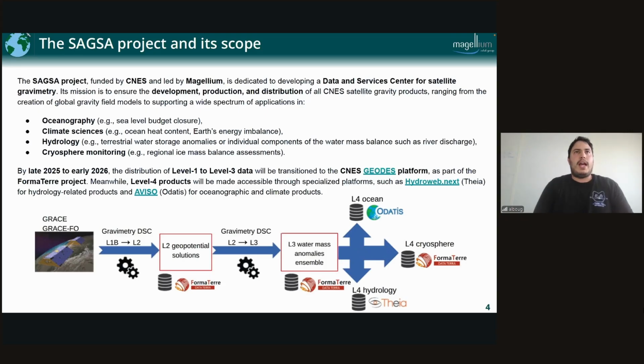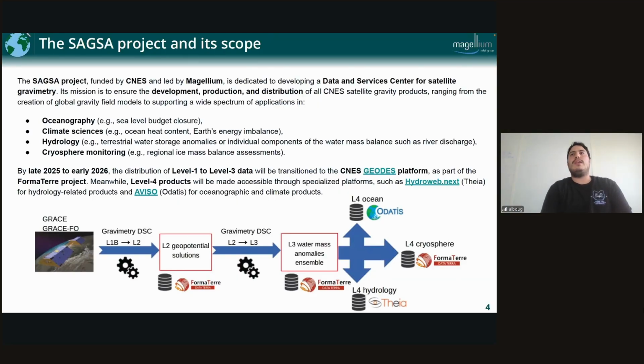We estimate that by late 2025 and early 2026, the data center will be fully operational for almost all levels of production, and that by mid 2026 to late 2026, all level 4 products will also be distributed on the Geode CNES platform.